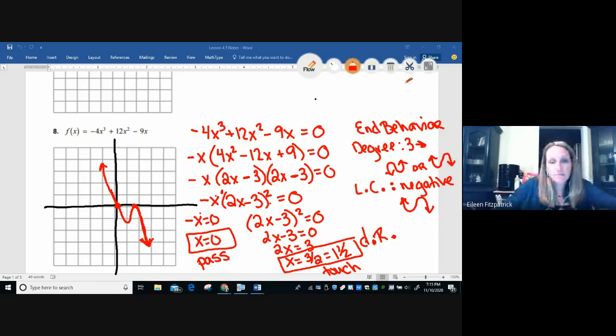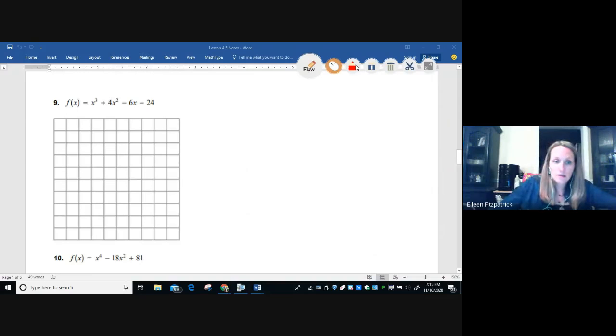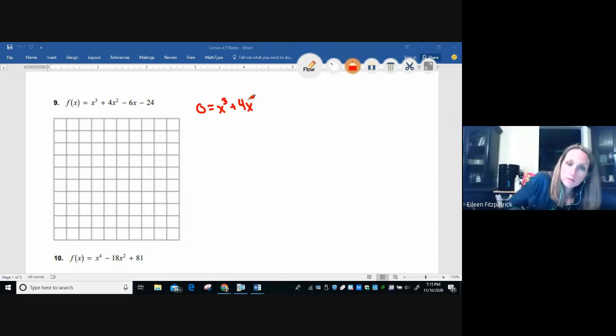All right, let's try another one. Okay, let's set this one equal to 0. 0 equals x cubed plus 4x squared minus 6x minus 24. There's no GCF, there's 4 terms, so I'm going to group it. x cubed plus 4x squared plus negative 6x minus 24.